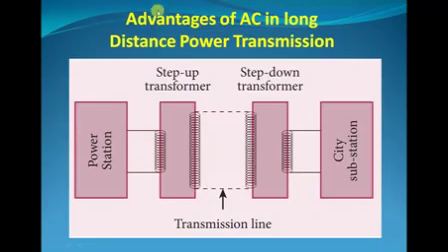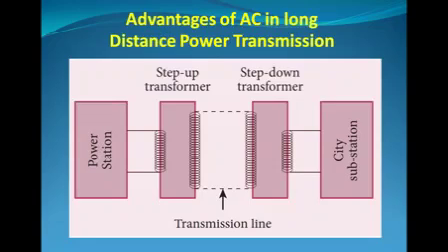Next we will see the advantages of AC in long distance power transmission. Most of the electric power is generated at electric power stations with the help of AC generators. Power stations are classified based on the type of fuel used: thermal power station, nuclear power station, and hydroelectric power station.